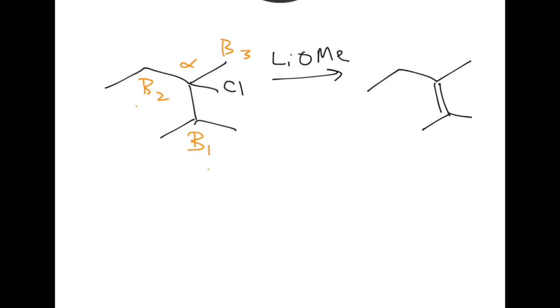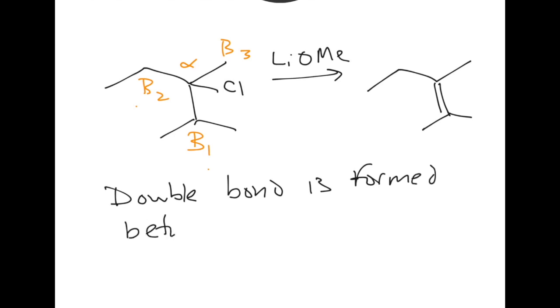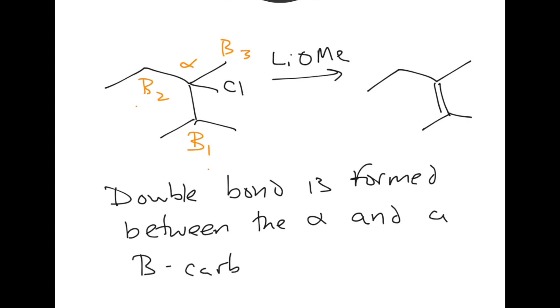All right. So your general rule of thumb, right? Your double bond has got to be formed between your alpha and your beta carbon.